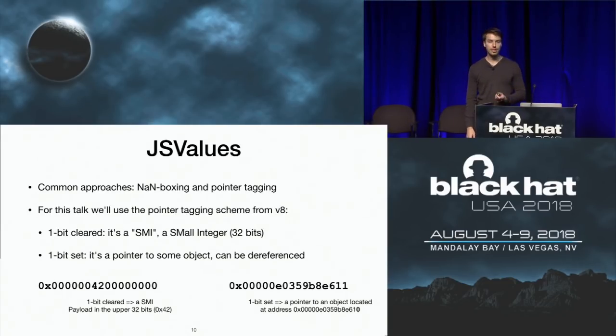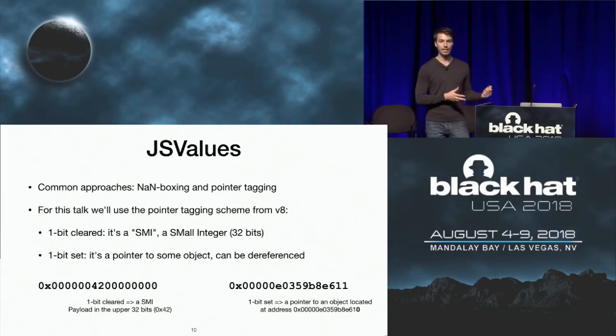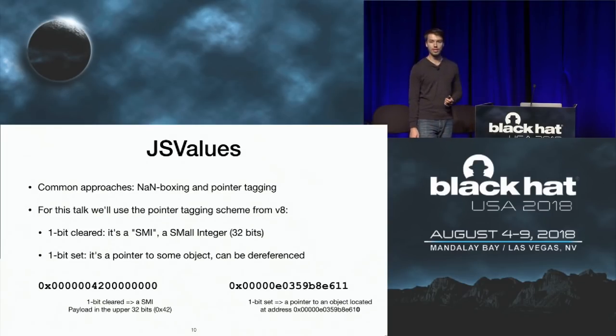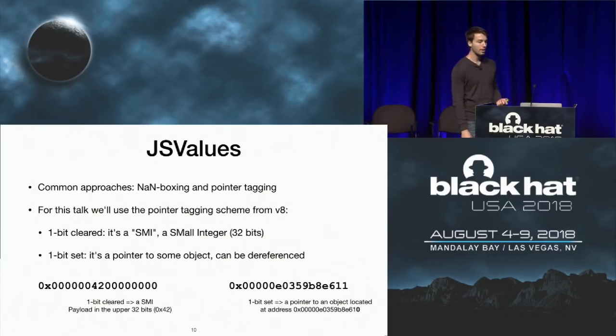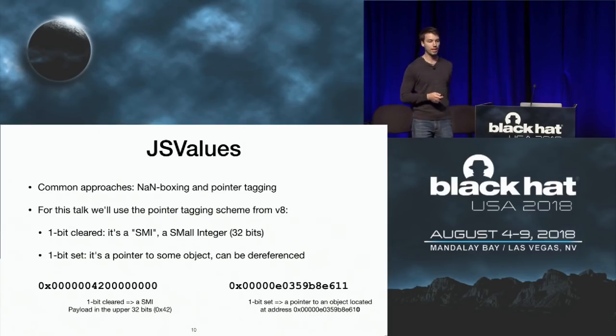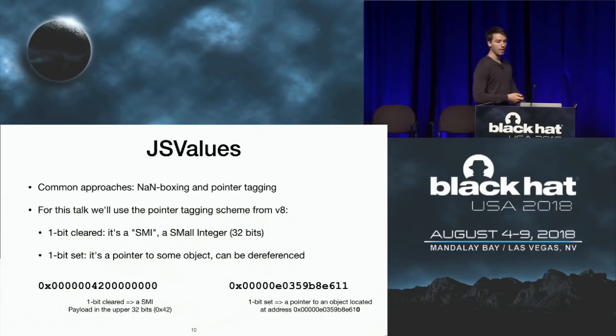Now, if the least significant bit is cleared, if it is 0, then this thing is a number, or a small integer, as they call it. That's what you see on the left here. The least significant bit is 0, and the 32-bit payload is stored in the upper 32 bits. So this value, if you see it in V8, represents the number hex 42.